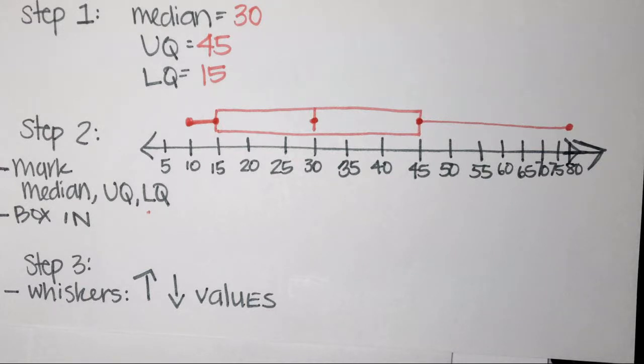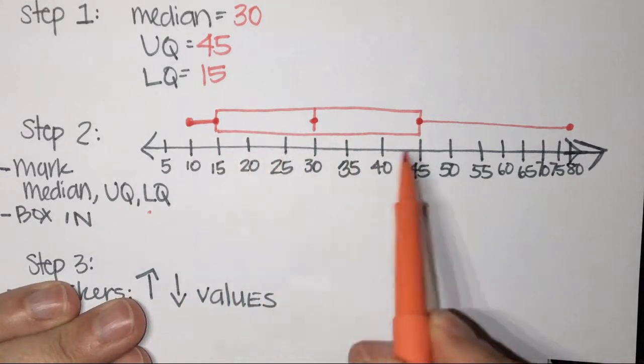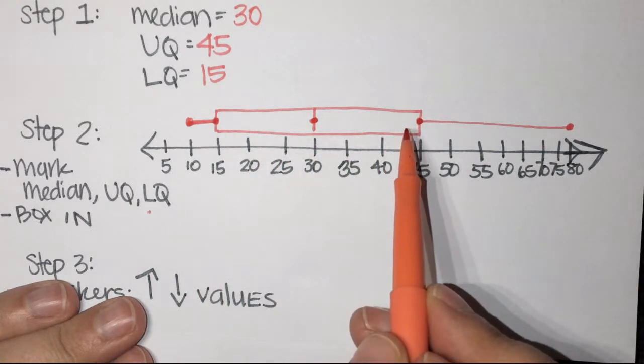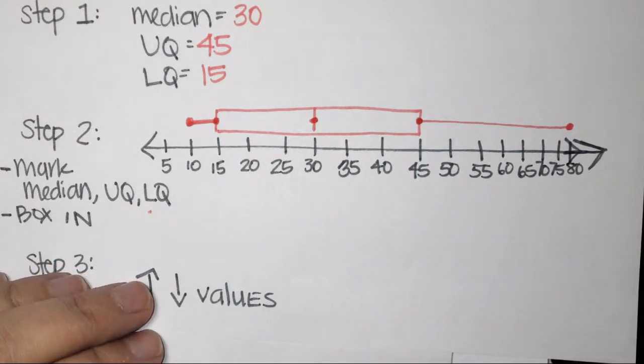This is it, okay? So when you have that long whisker, that is definitely an outlier. It's not fitting with the rest of our data. The rest of our data is pretty compact. It ranges from 10 to about 45. And then we jump all the way to 80. So that long whisker, first thing you should say when you see that is, I've got an outlier there.